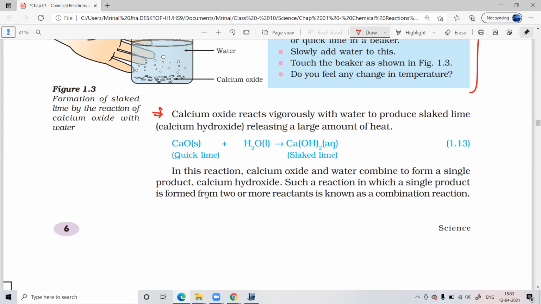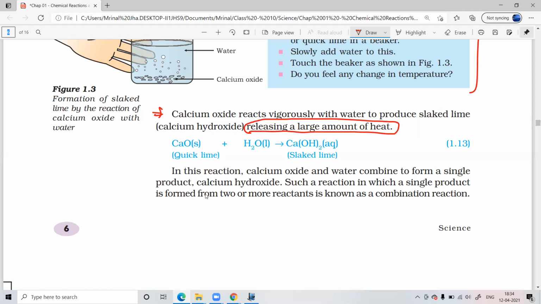And one important thing, other than being combined, this is a combination reaction, things are getting combined together to form one single compound. Other than that, there is one more important thing happening here, releasing a large amount of heat. Anyone knows what kind of reaction that is called? You would have studied this in 9th standard also, I think. Yes, very good.